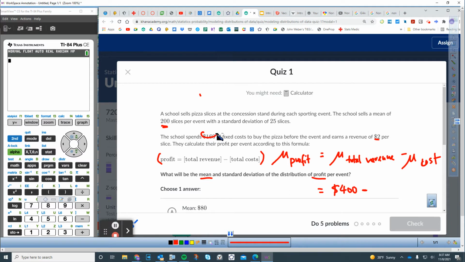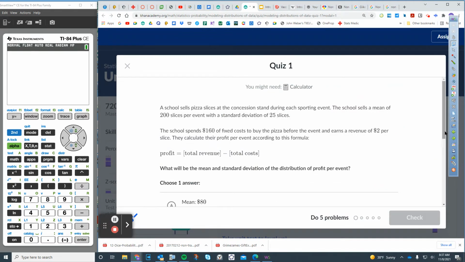It says here the mean cost is $160, the fixed cost to buy the pizza. So with 400 minus 160, they make a profit of $240. Let's see what the options are.